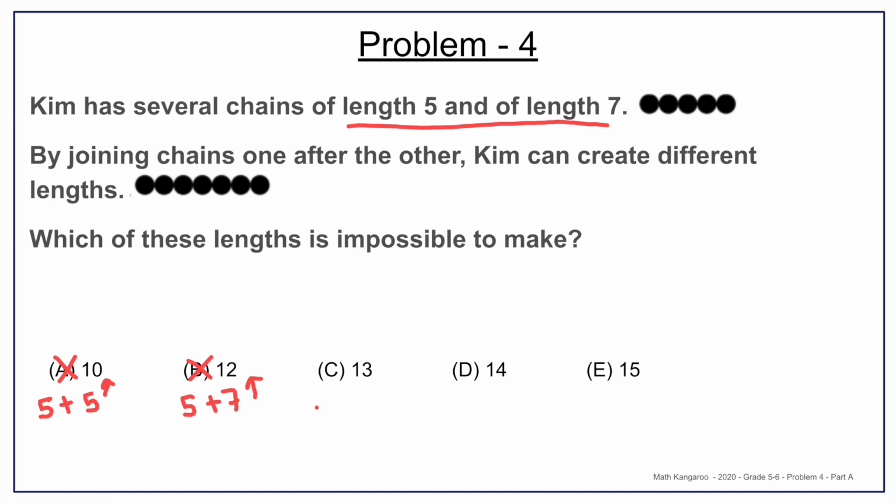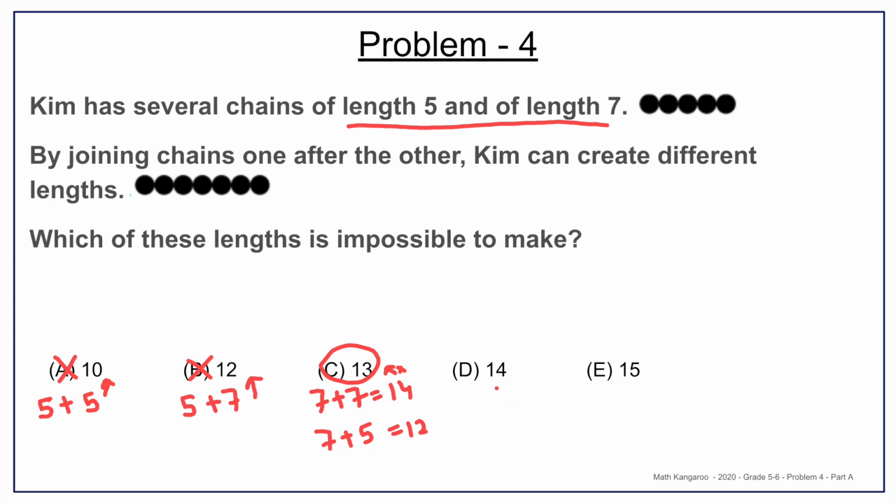Option C, if Kim has to make a chain, she can make 7 plus 7, which gives us 14. It's too big, it's not 13, right? You can do 7 plus 5, 12, still not 13.